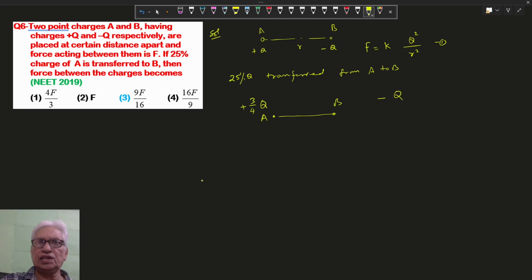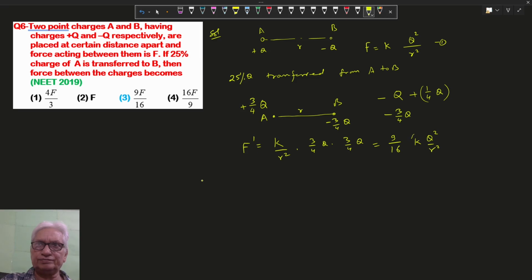Minus Q and plus 1 by 4 of Q, that is the 25% charge transferred, so it becomes minus 3 by 4 Q. At the same distance, the new force will be K upon R square, 3 by 4 of Q and 3 by 4 of Q, so it can be written as 9 by 16 K Q square upon R square.